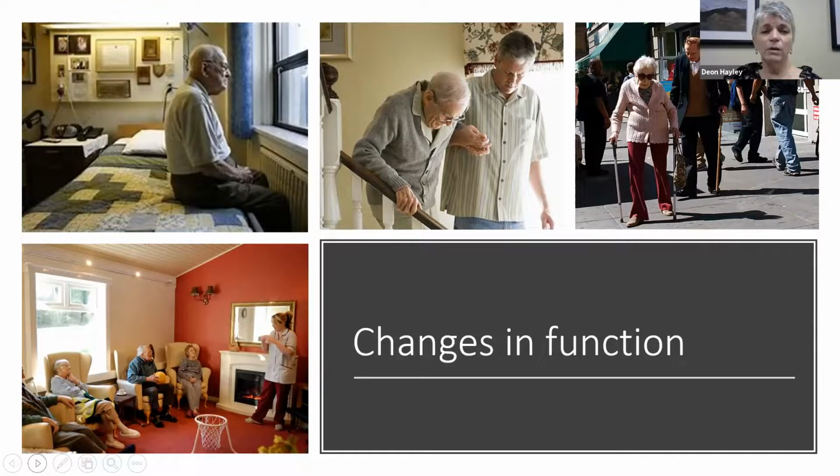We think about their ability to be independent in managing the instrumental activities of daily living, that is, taking care of themselves at home, as well as the activities of daily living, like taking personal care of ourselves. So we try to think about that and optimize that, do the best that we can to support people in their functioning.